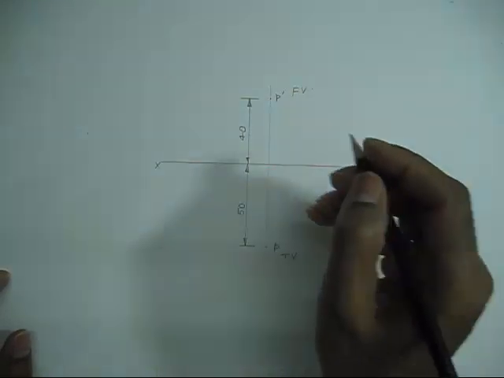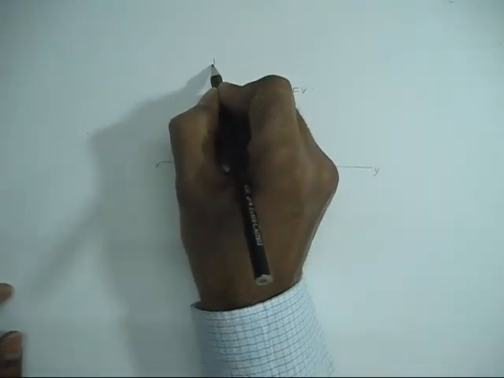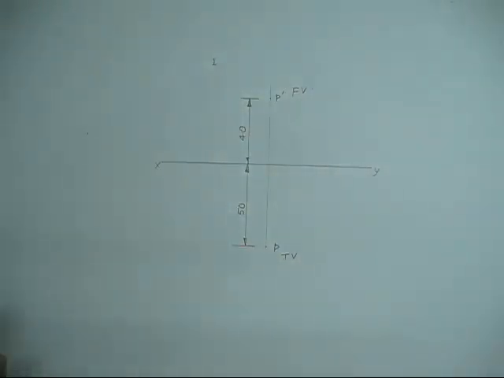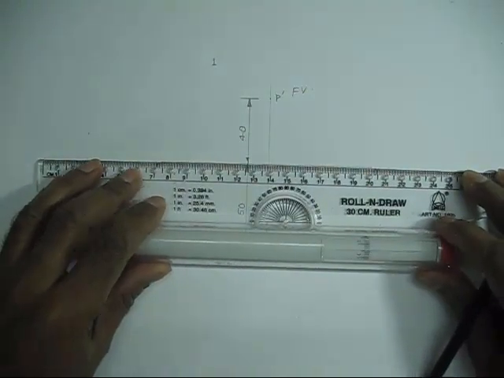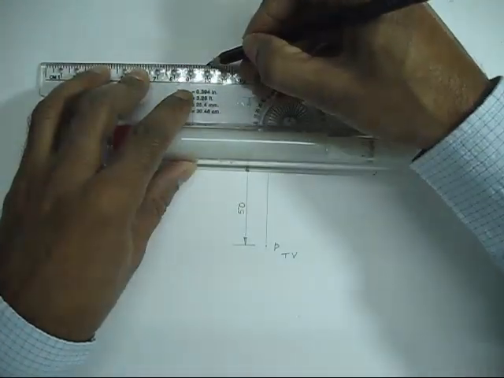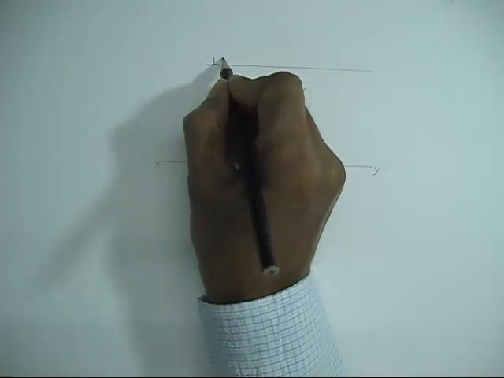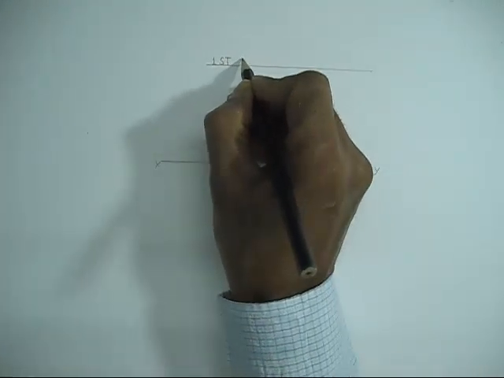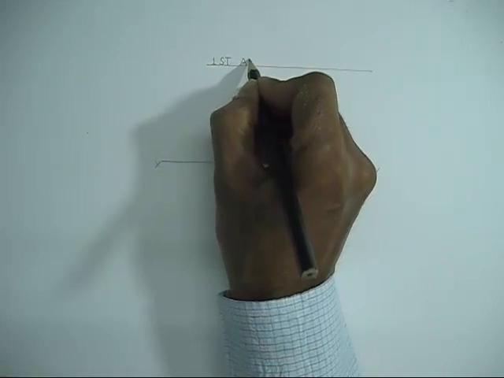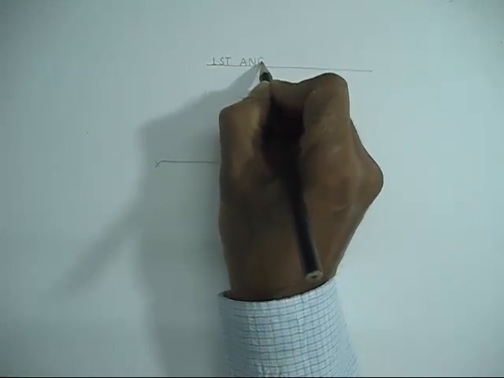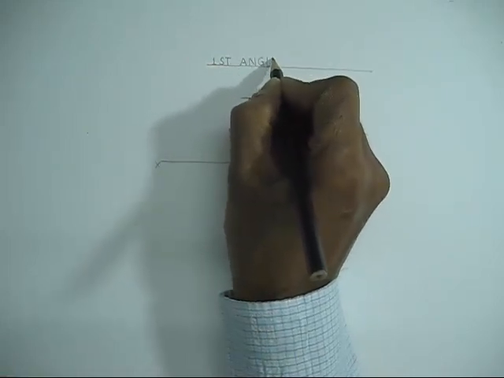So this is the projection of point in first angle projection system. And here we can see that the top view is below the reference line and the front view is above the reference line.